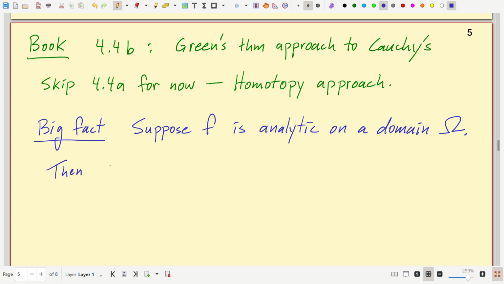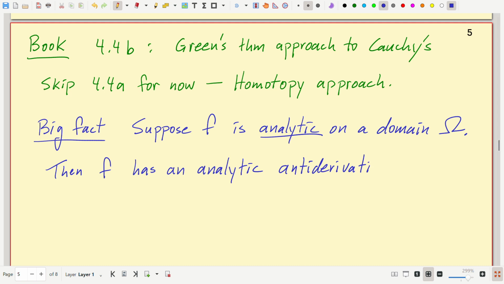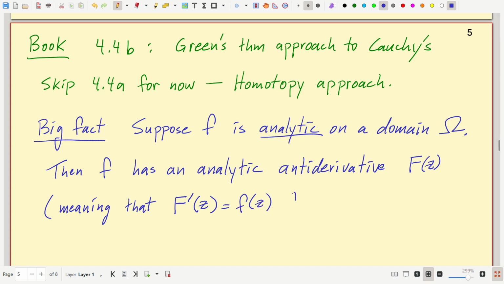Then f has a complex antiderivative, or I should say has an analytic antiderivative, capital F. So I guess that means, meaning that F prime equals f, so meaning that the complex derivative of capital F is little f for all z in the domain.